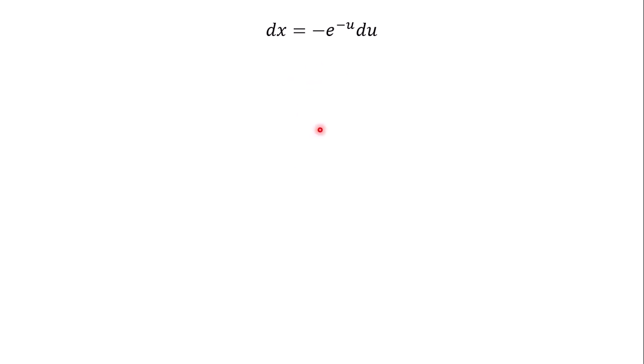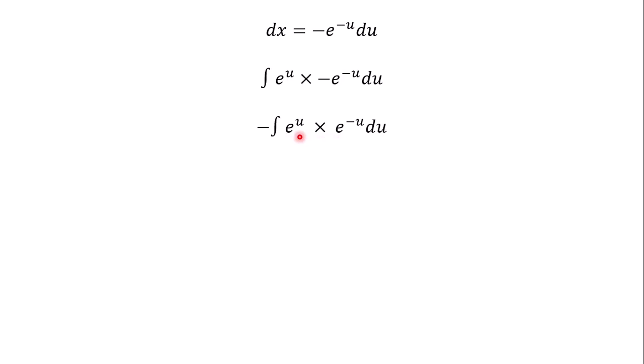Now let's put everything back into the integral. Now here we are going to write this minus sign outside. We are just going to write this one here and then we multiply what is inside.